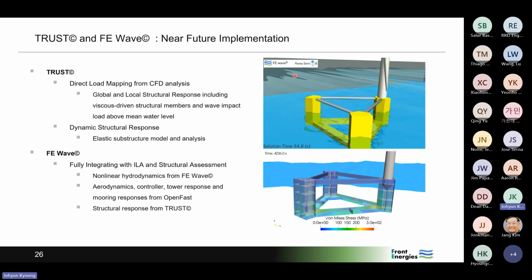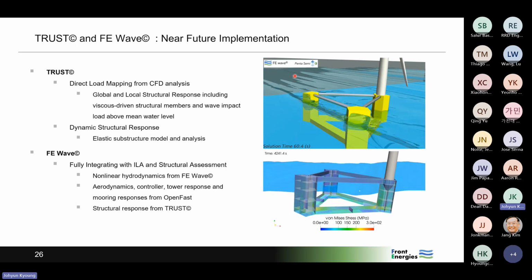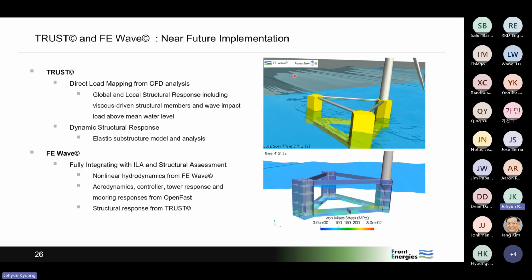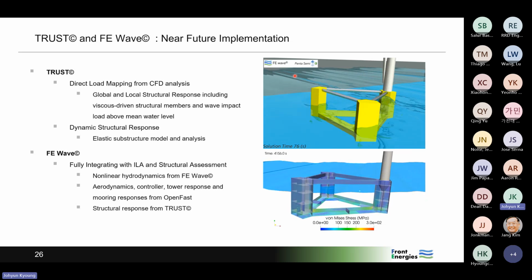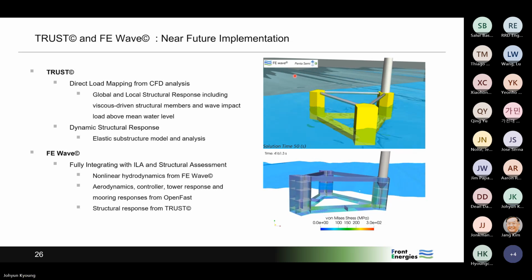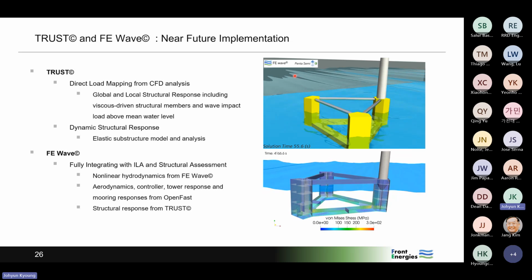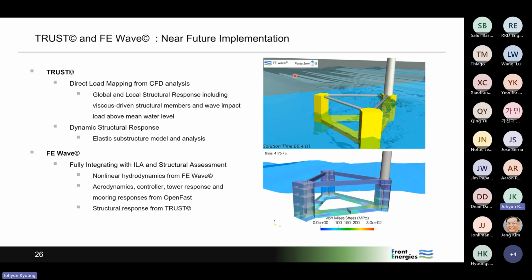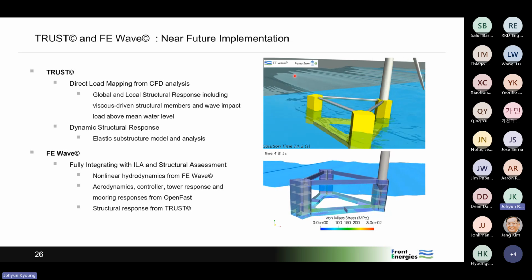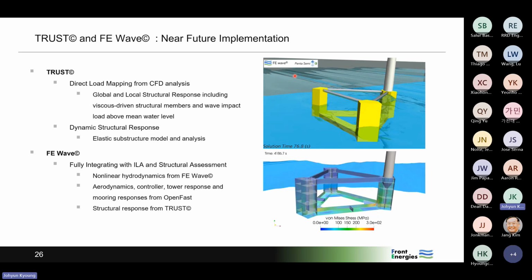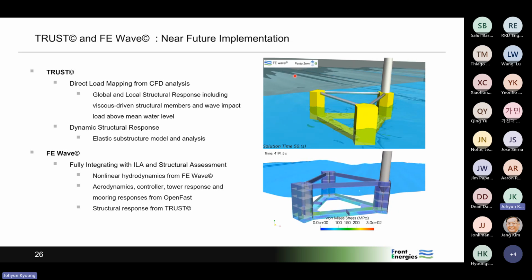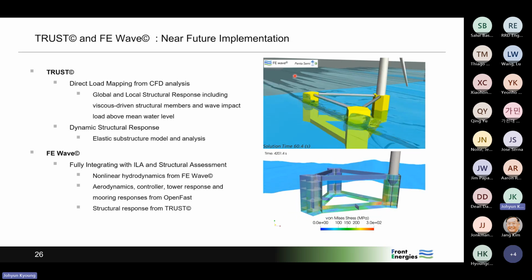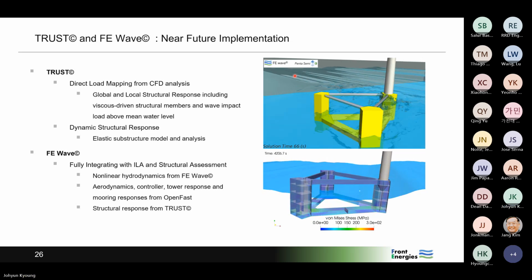Numerical wave basin case, FE wave. It keeps going on with full integration with the ILA model and also the structural assessment. In this case, FE wave provides the nonlinear hydrodynamics to the structure model, and the aerodynamics, controller, and tower response come from the ILA model, for example the OpenFAST model.